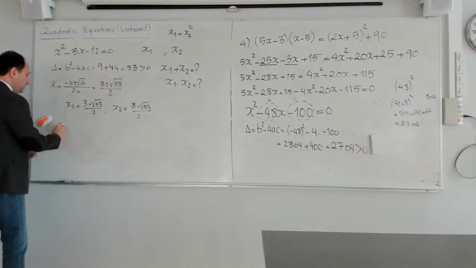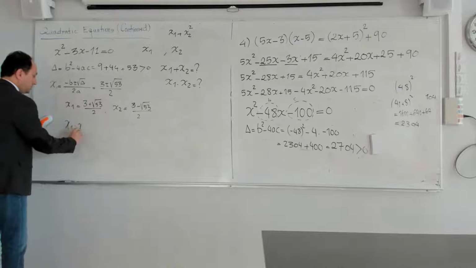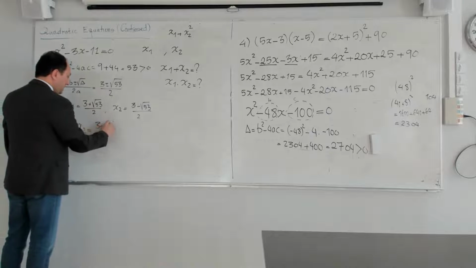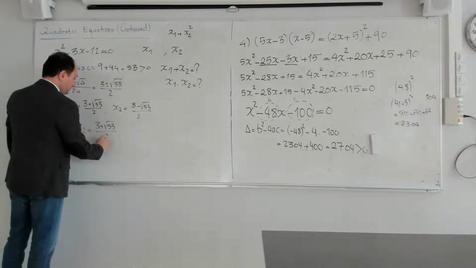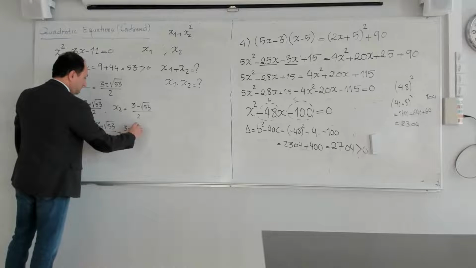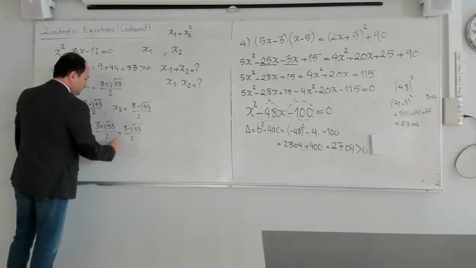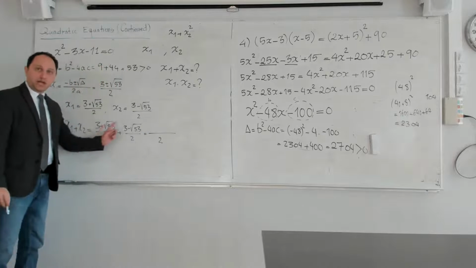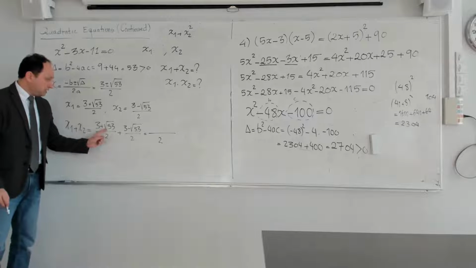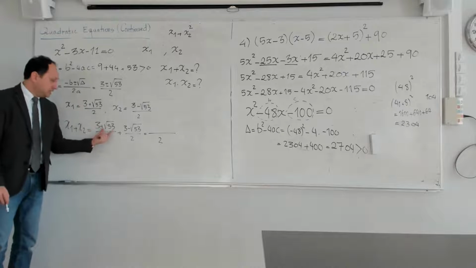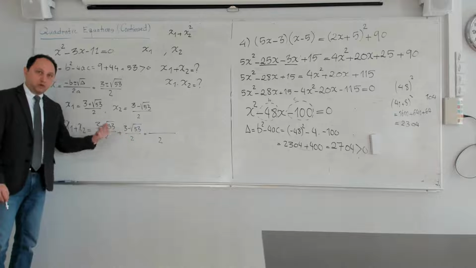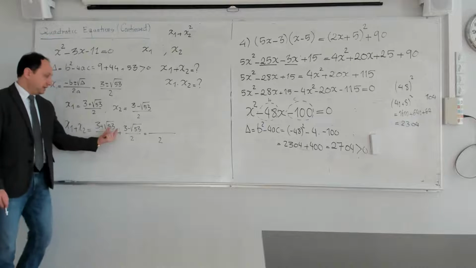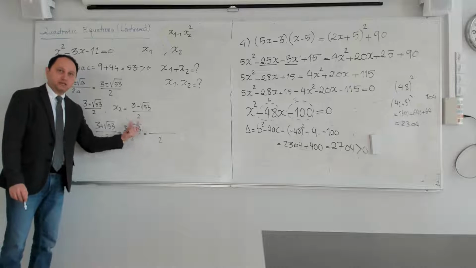Now I am asking you this question. What is x1 plus x2? Of course, it is easy. You just write them down and add them. But when I add them, the denominators are the same, so I have to add the numerators. But the good point, what is happening is this bad part is going away because this appears here with positive sign, this appears here with negative sign.